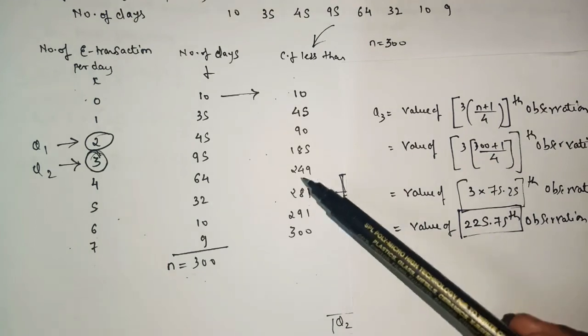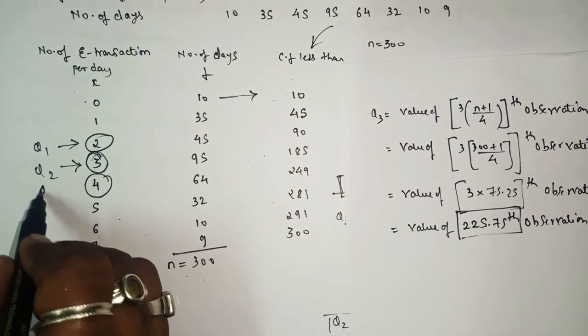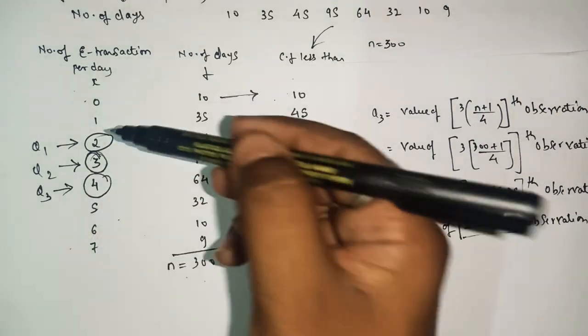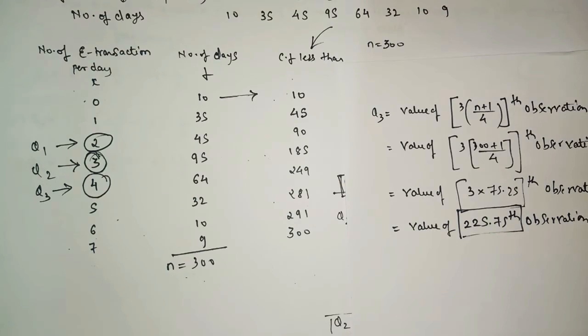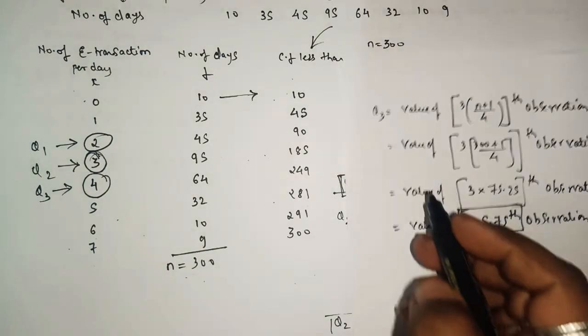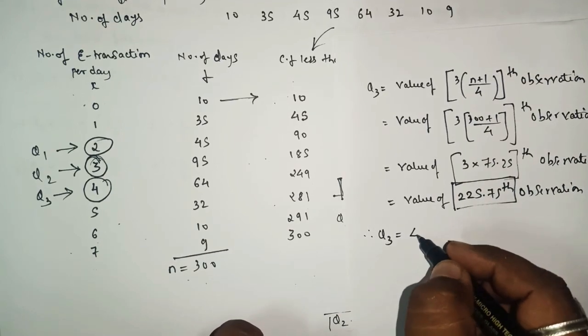So 225 lies in the fifth row, and this is the answer for Q3. So Q1 is 2, after Q1 it will be Q2, and after Q2 it will be Q3. So here we got the answer for Q3 is 4.